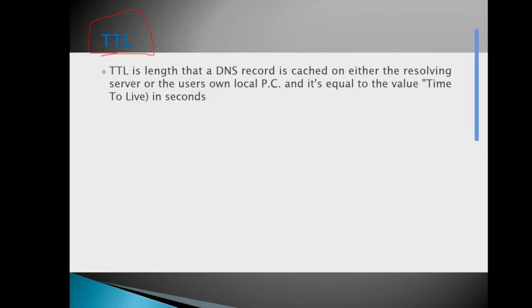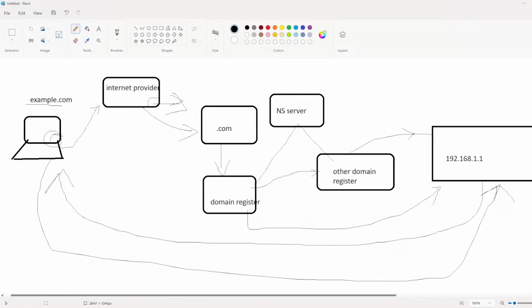there should be a TTL associated with it, because there are scenarios where the IP might change, right? Let's say you are connecting to a server today. This server has this IP address. Because of some issue, the IP has changed to 192.168.1.12.